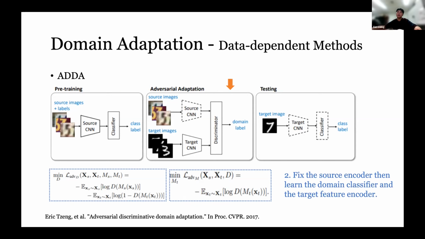Like the previous work, we optimize the target CNN, the feature encoder, through an adversarial objective, the minimize adversarial loss on the right part, while to optimize the parameters of the discriminator, we minimize the binary cross entropy loss in the left part. Once we have trained the target CNN and the discriminator, we can go into the third step on the next page.